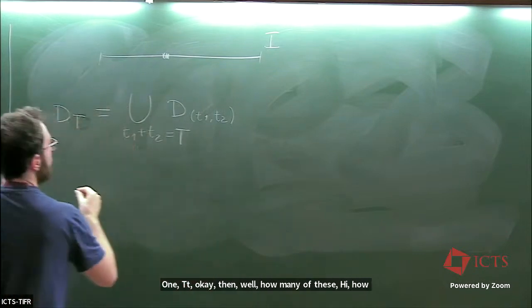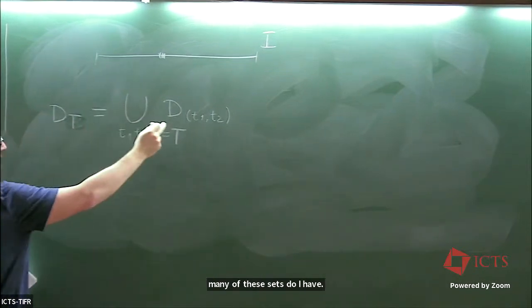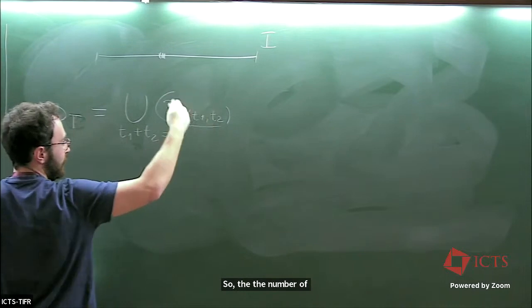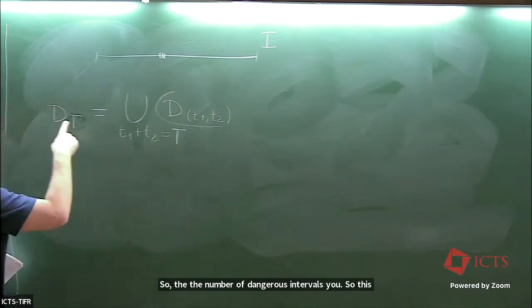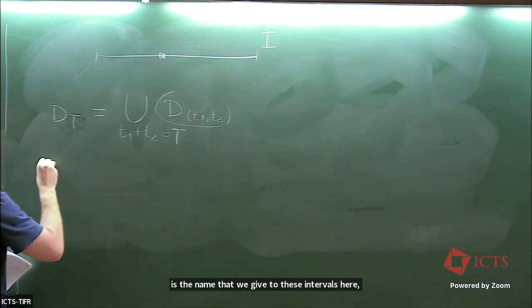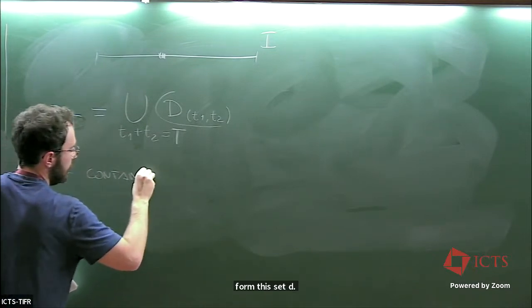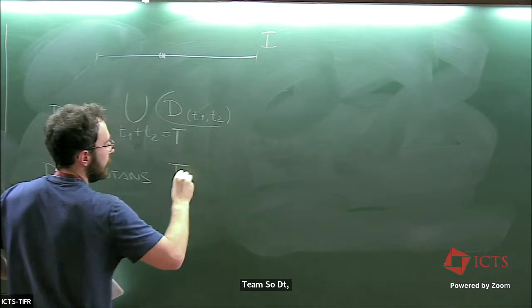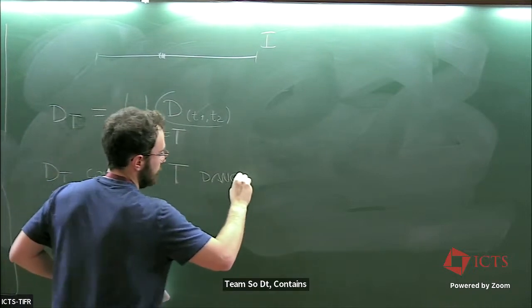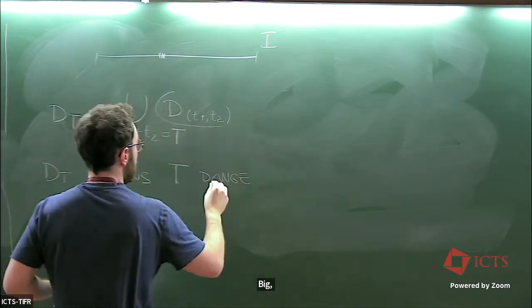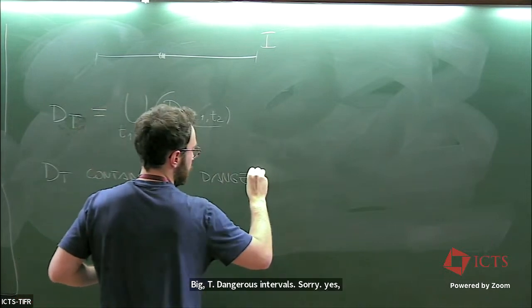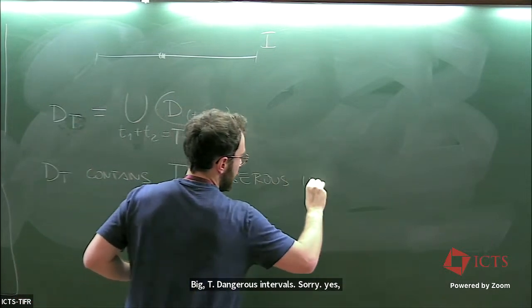The number of dangerous intervals, which is the name that we give to these intervals that form this set D_t. So D_T contains big T dangerous intervals.